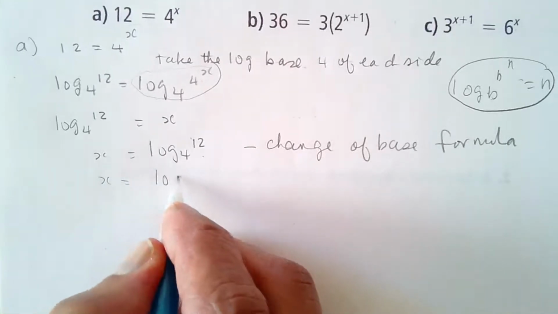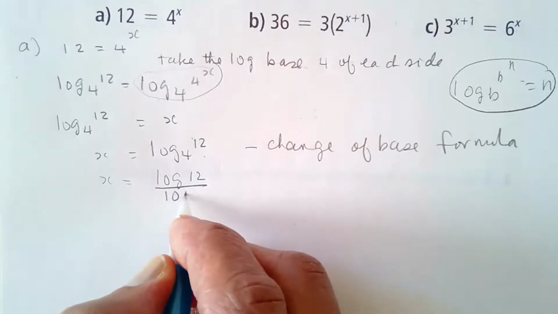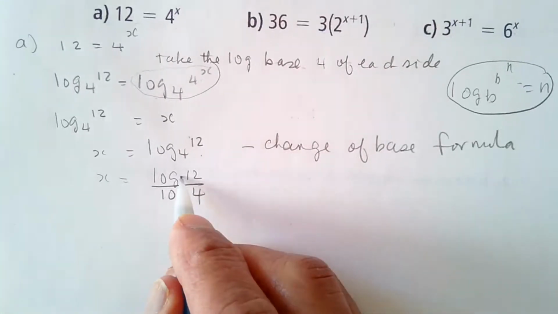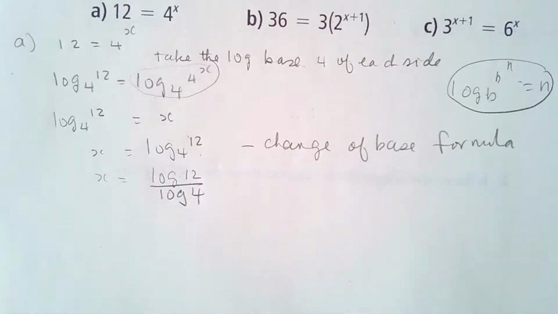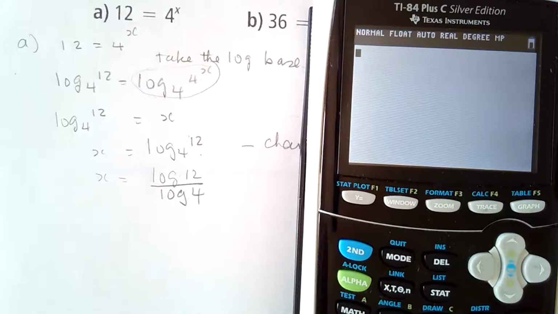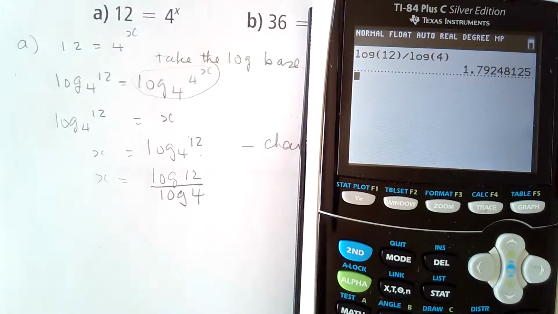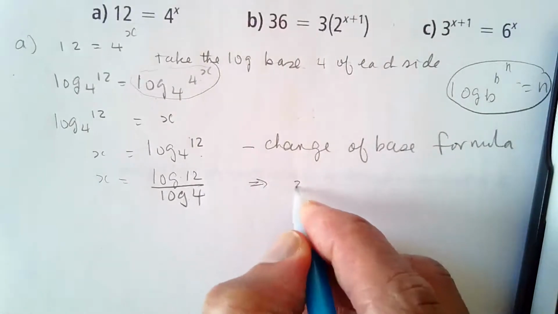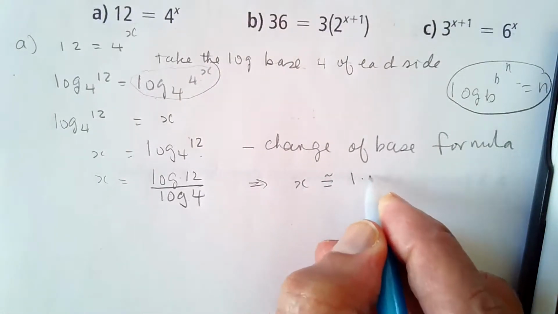So x is equal to log 12 over log 4. And so now this becomes a log base 10. This is where we'll need our calculator. And I'll have log 12 divided by log 4, which is approximately 1.79. So we have x is approximately 1.79.